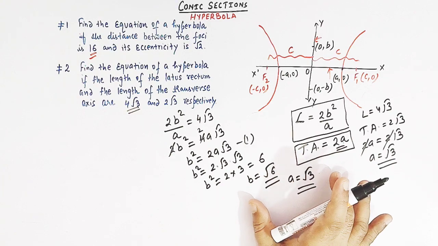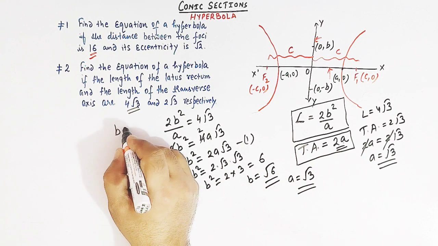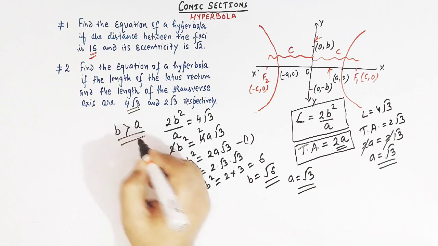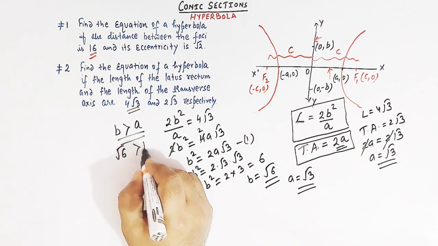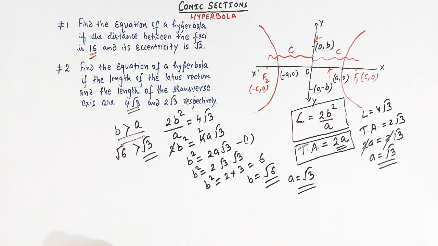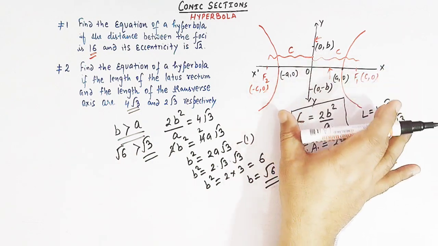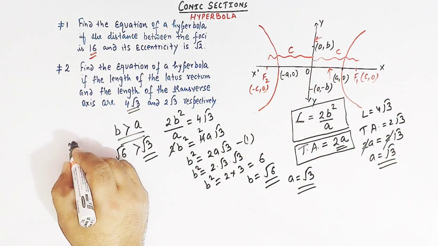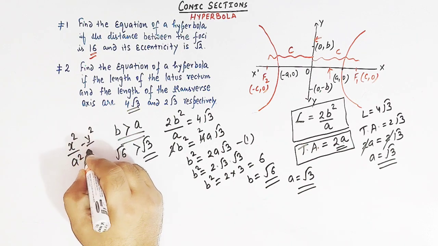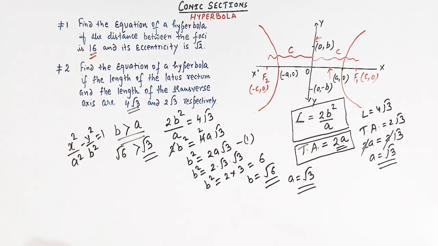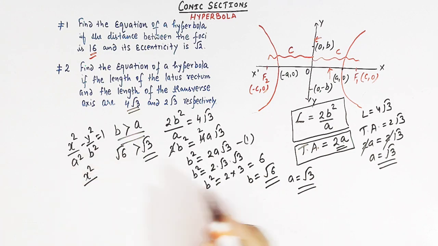So now here we can easily see that b is greater than a, right? Because square root of 6 is greater than square root of 3, right? So the standard equation of this hyperbola is given by x square over a square minus y square over b square is equal to 1, right? And we have x square over a square.